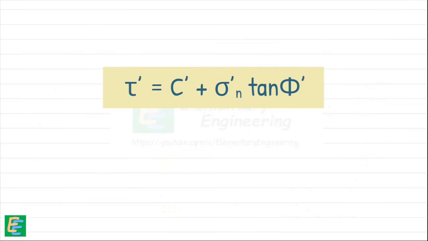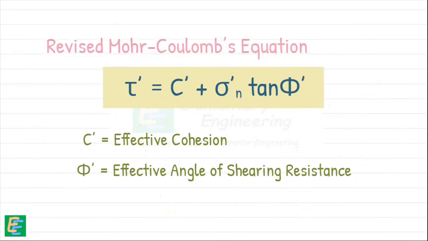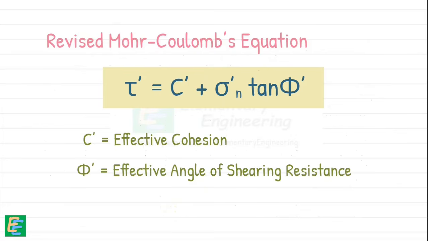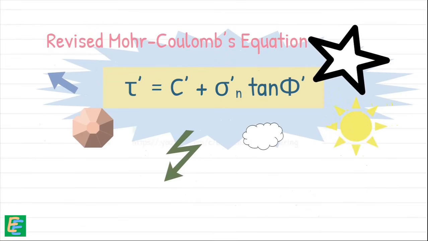So the equation was rewritten in terms of effective stresses as this, where C dash is the effective cohesion and phi dash is the effective angle of shearing resistance. This equation is also known as the revised Mohr-Coulomb equation for the shear strength of the soil. This is one of the most important equations of soil engineering.